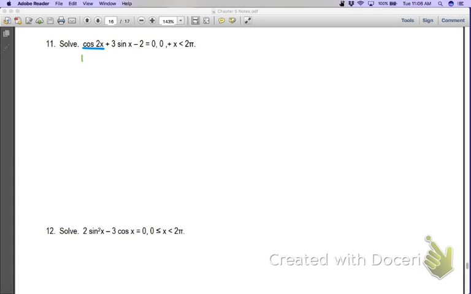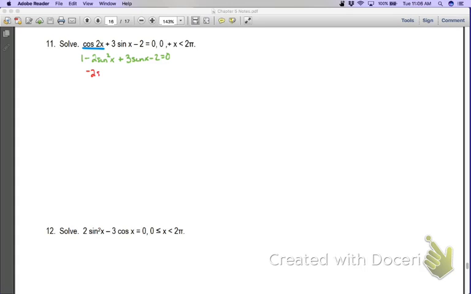And I'm going to say 1 minus 2 sine squared of x, and then plus 3 sine x minus 2 equal to 0. So I've got a little bit of cleanup here as far as getting things to combine, or like terms, however you want to look at it.